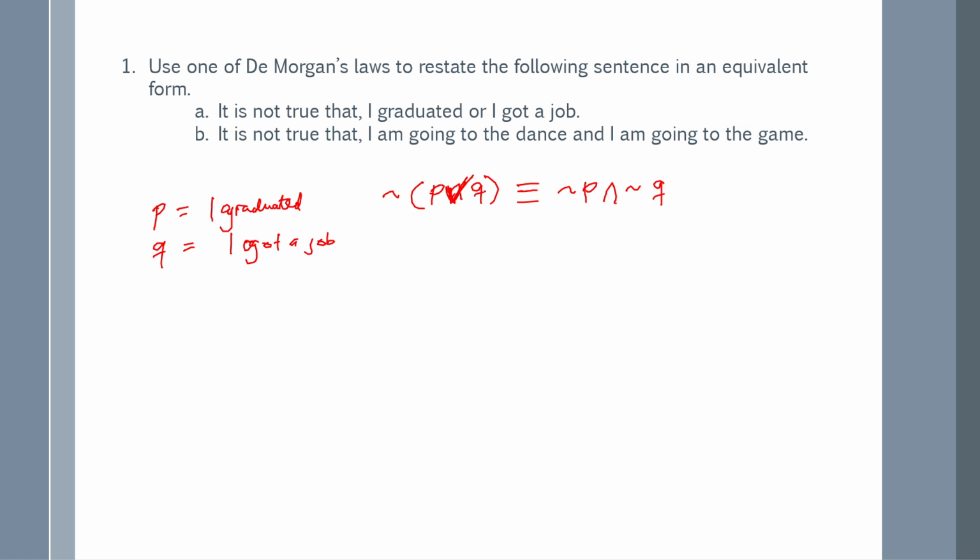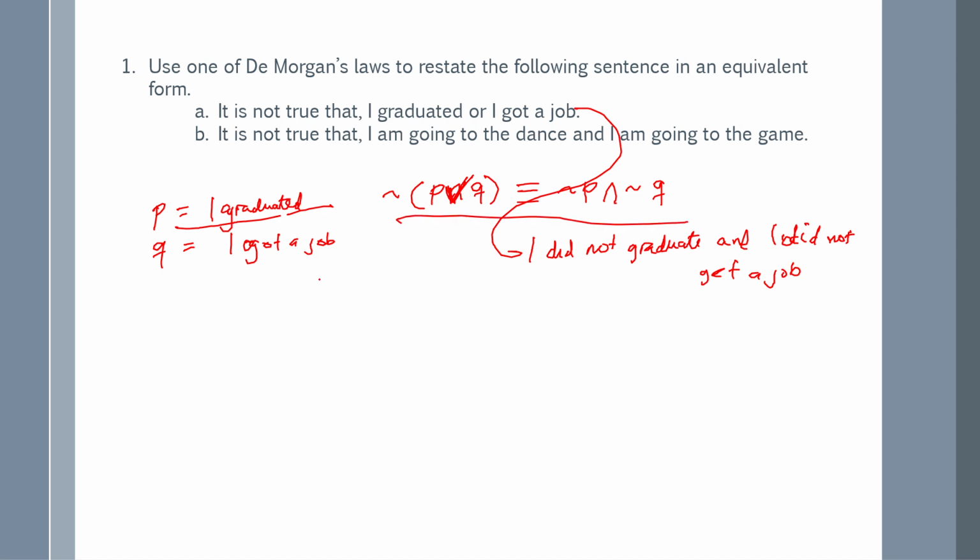So the negation of P or Q is equivalent to the negation of P and the negation of Q. Therefore, we could restate this as: I did not graduate, because this is our P, and I did not get a job. These are equivalent statements.